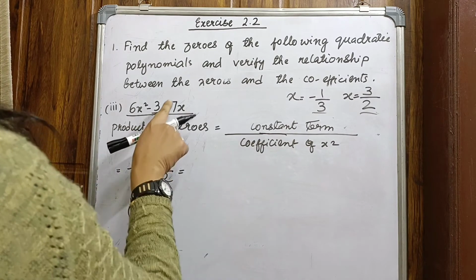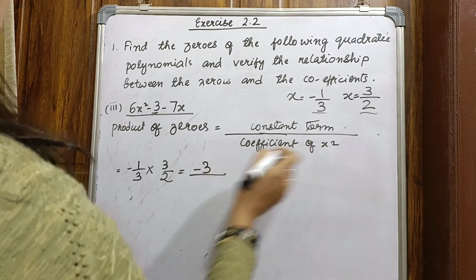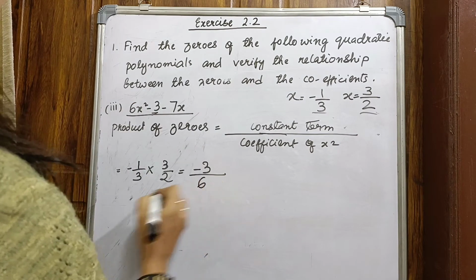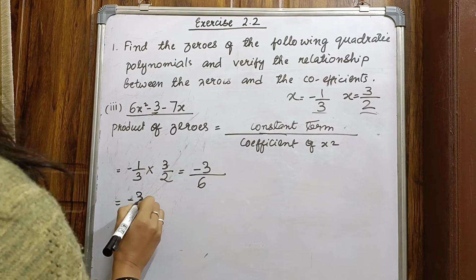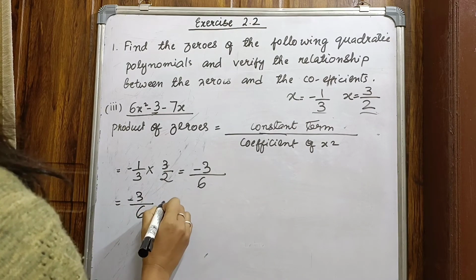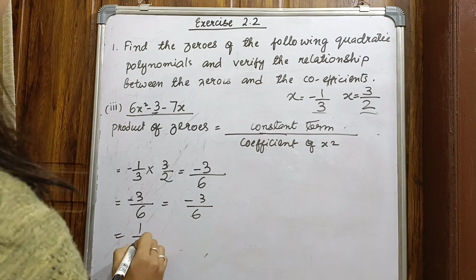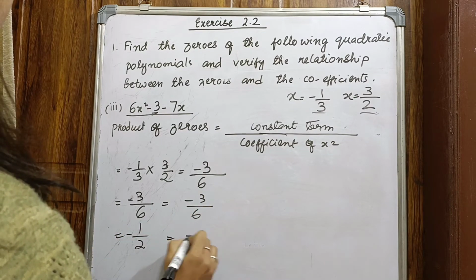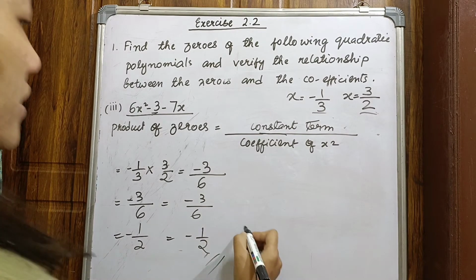Now see, what is the constant term? The constant term is minus 3, and the coefficient of x square is 6. And here 3 into 1 is 3, so minus 3 by 6, which is minus 1/2. So it is verified here.